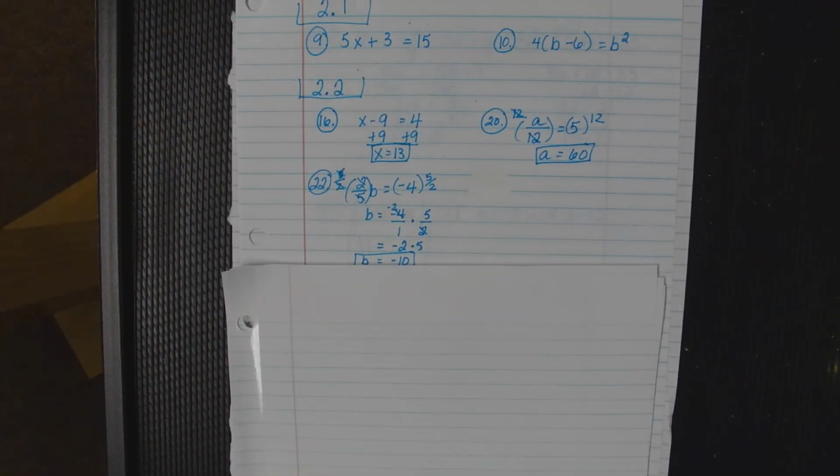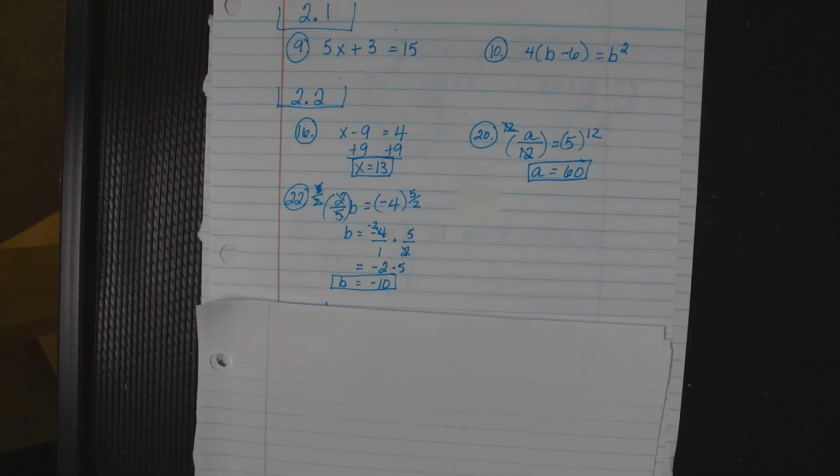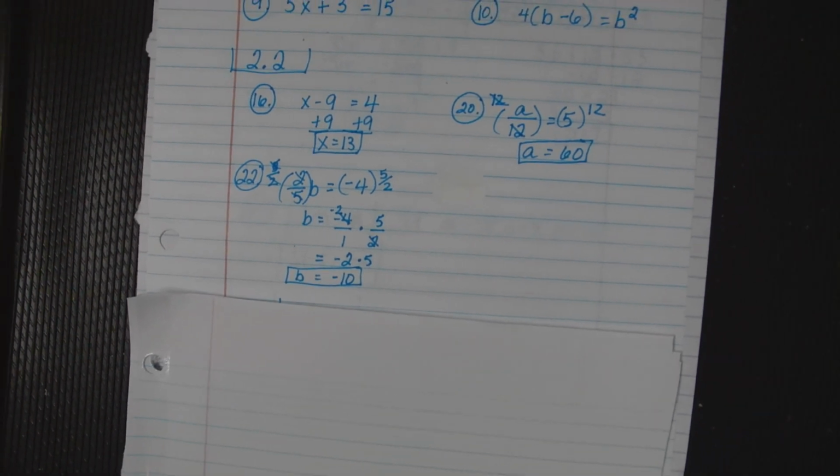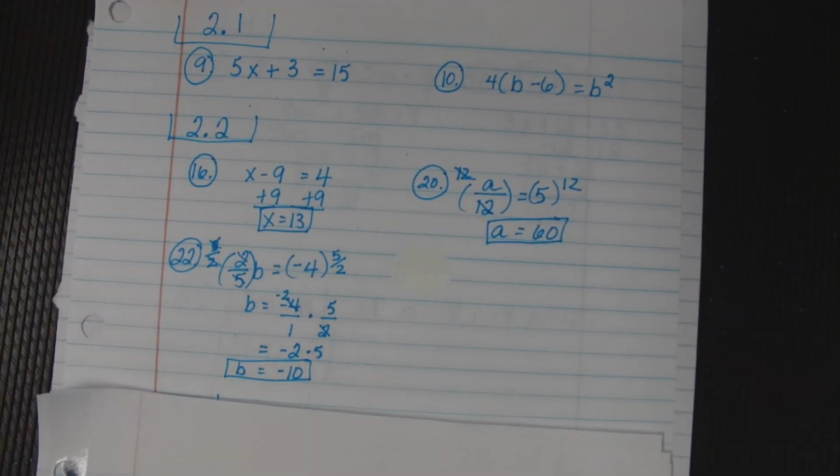Guys, you will see a problem just like these. Give me 1 second. Let me zoom in a little more. There you go. 16 is 13, 1 step. 20 is 60. B is -10.